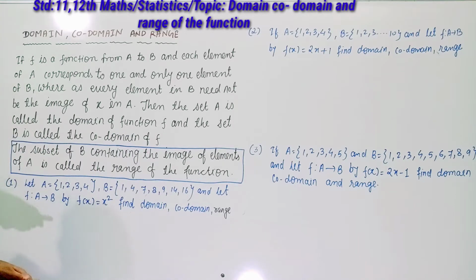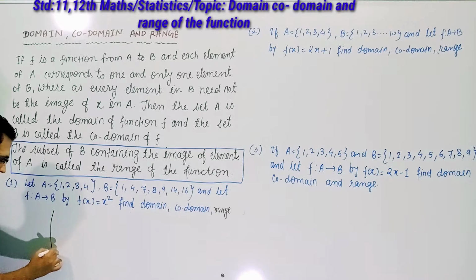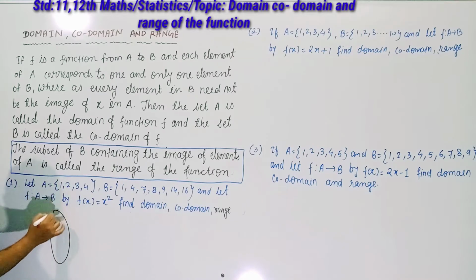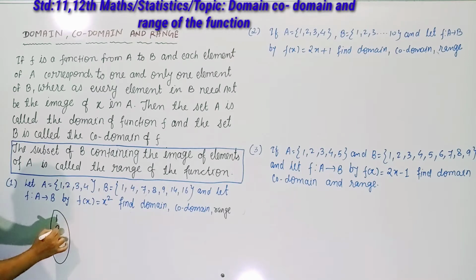First of all, here you have the set A, having the elements 1, 2, 3, 4.